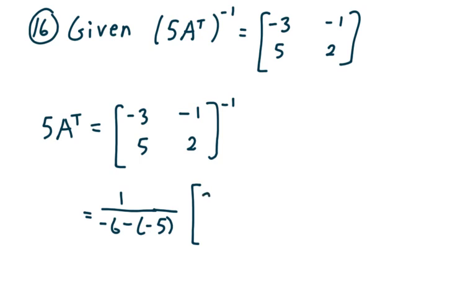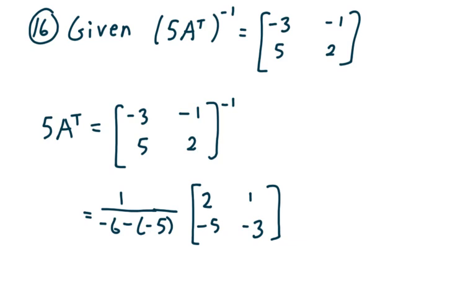Now I'm going to put 2, -3. So I swap the entries along the main diagonal. And then along the other diagonal, right, I change the signs of the entries. So I'm going to put a 1 up here and a -5 down there.